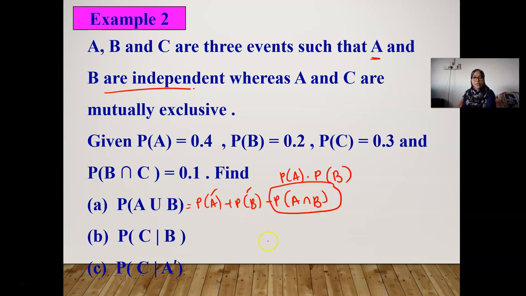Okay, so PC given B is PC intersect B over PB. C intersect B also equals PB intersect C. Kalau terbalik pun sama, dia commutative. 0.1 over 0.2, then you get the answer. How about this one? PC intersect A prime.